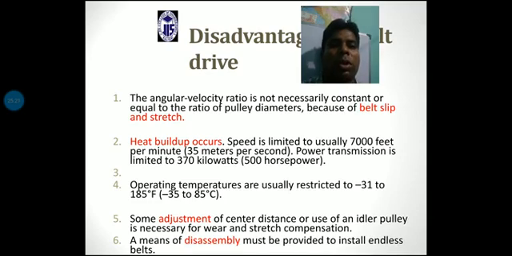Number one, the angular velocity ratio is not necessarily constant and equal to the ratio of pulley diameters because of belt slip and stretch. That means it can differ for different shapes of belt, either V belt, rope belt, cross belt, or open belt.